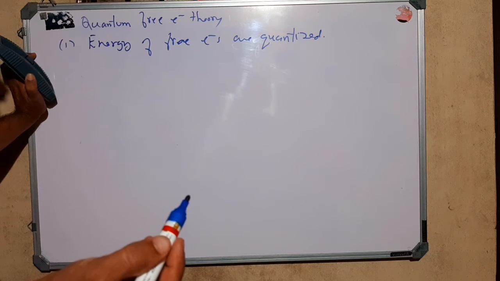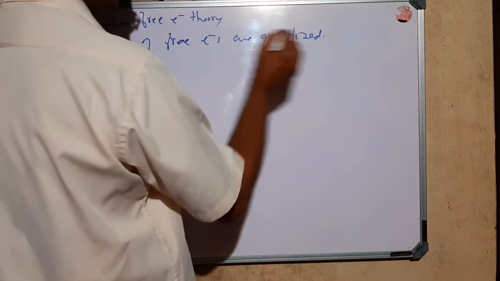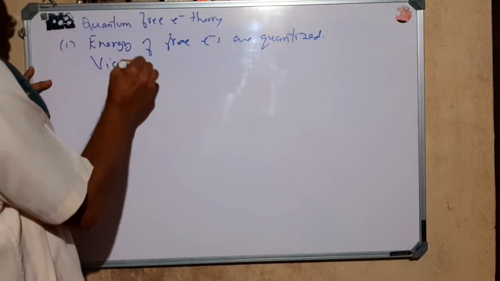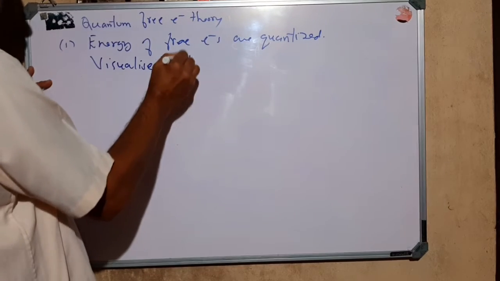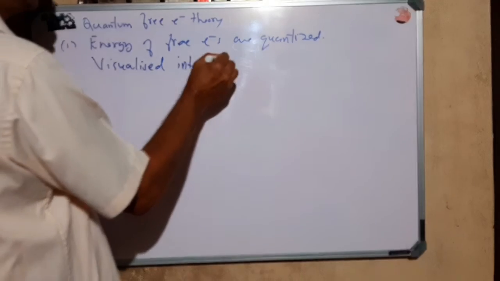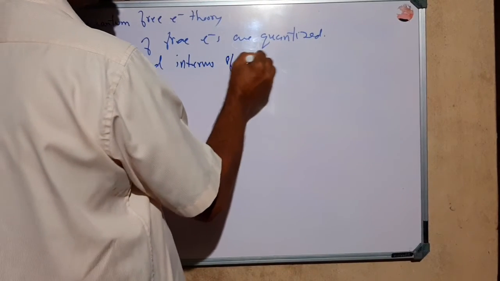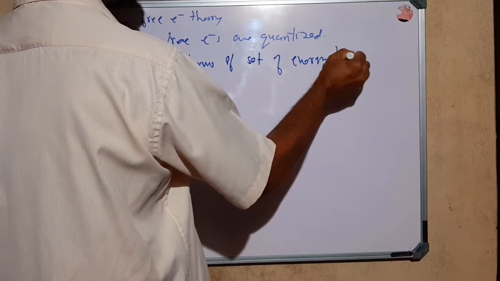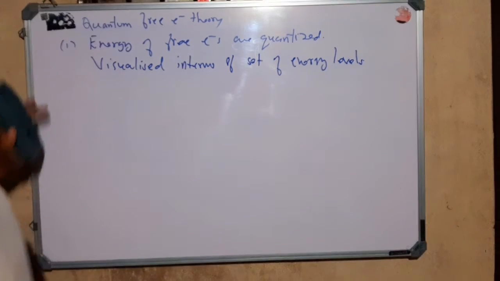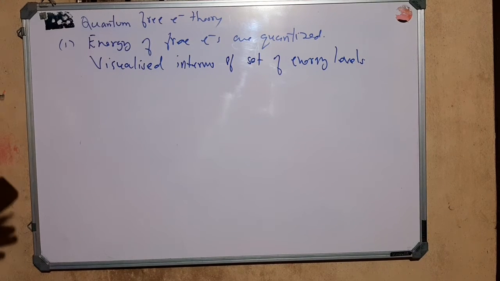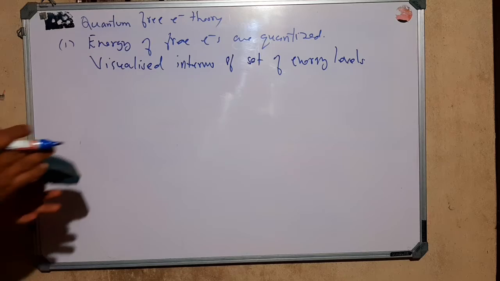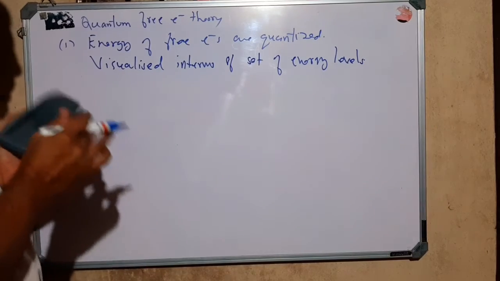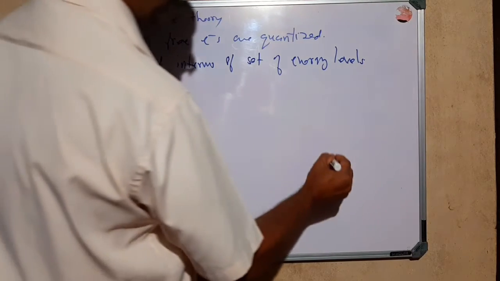That means the energy of electrons is visualized in terms of a set of energy levels. So the free electrons which are moving inside the metal are present in a potential well.